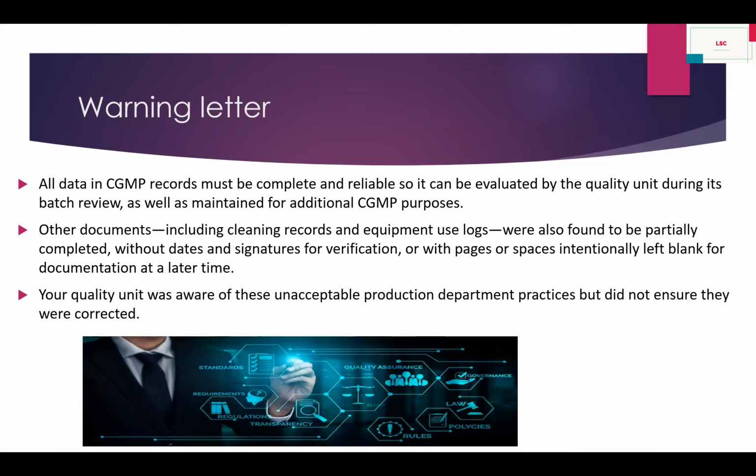Your quality unit was aware of these unacceptable production department practices but did not ensure they were corrected. So if we are going with an electronic system to mitigate all these things, then at the time of risk assessment, remember that in CSV you have to include this type of points.